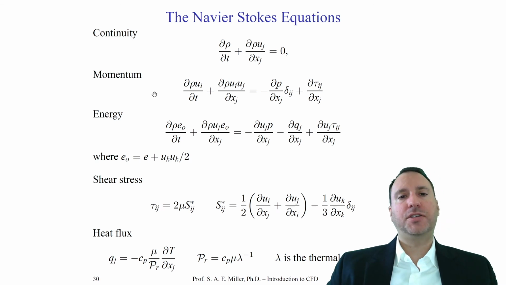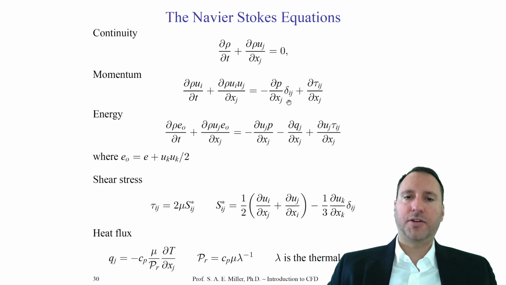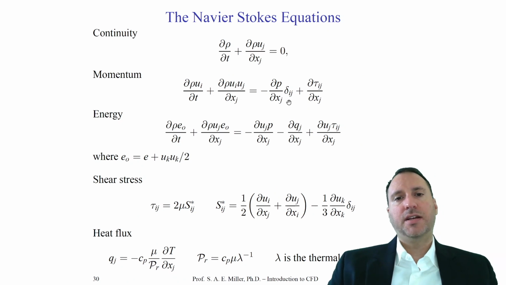The momentum equation: the left-hand side should be familiar after explaining the continuity equation. On the right-hand side, we have a pressure term. Once again, this is the Kronecker delta function, delta sub ij. So we would hold i, which is a variable for the conservation of momentum in the ith component, and we would sum over j.